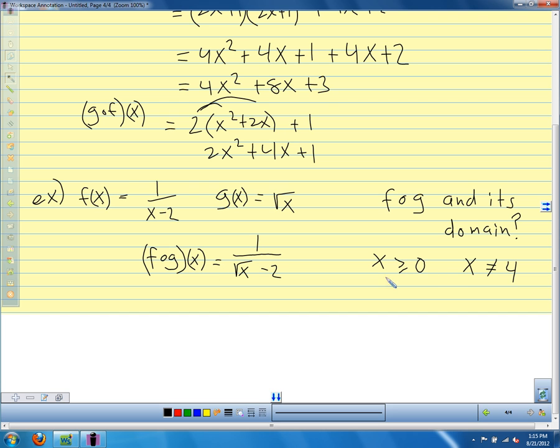These domain restrictions don't affect f at all except for x equals 2. The only problem we have in f of x is x equals 2. But the domain of our composition is more restricted. Are we good with that? Questions on what we did here?